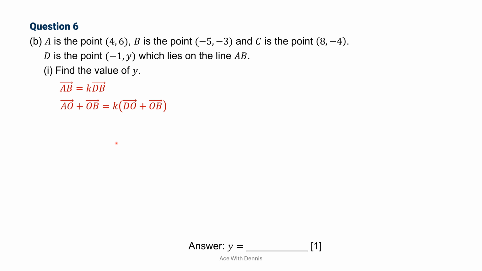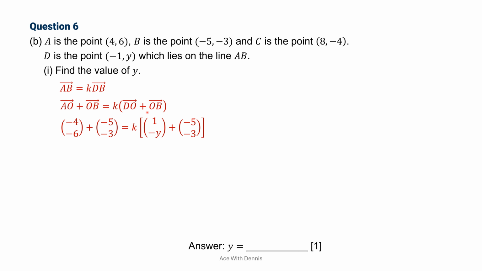So vector AO is the opposite direction of the position vector of A, which is (4, 6) here. Hence, I can write it as (-4, -6). Vector OB will be the position vector of B, hence it is (-5, -3). Vector DO is the opposite direction of the position vector of point D, so I can write it as (1, -y). So be careful when switching the sign.